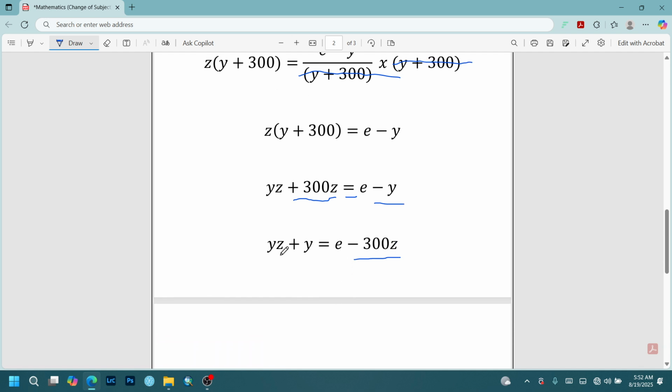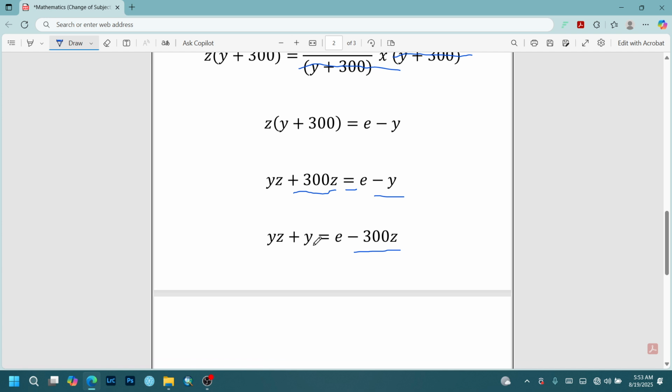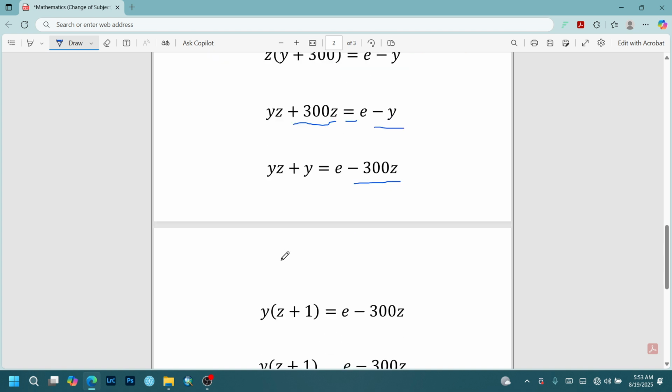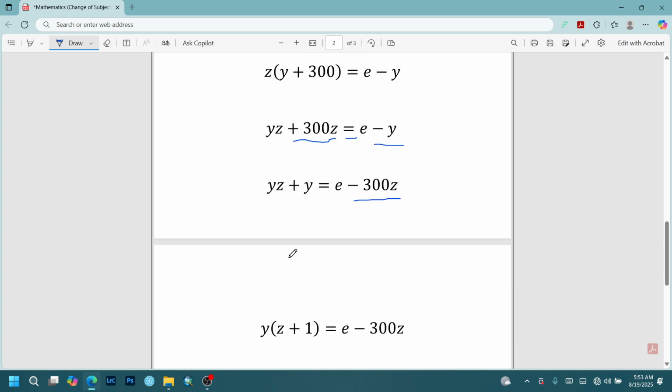So yz plus y have y as a common factor. When we factor out, we bring y out of the equation and find a variable that, when you multiply it with y, you get yz, and a number that, when you multiply it with the same y, you get positive y.